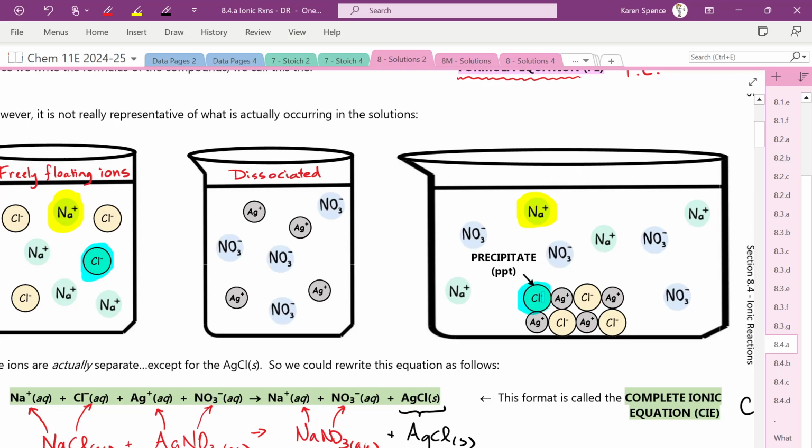Yes, it ends up not being up there anymore. It ends up being in a compound with silver chloride. So the silver is also reacting, but the NO3 is also not reacting. So we can simplify our equation into including only the things that react. So in other words, only the silver and the chloride end up reacting.